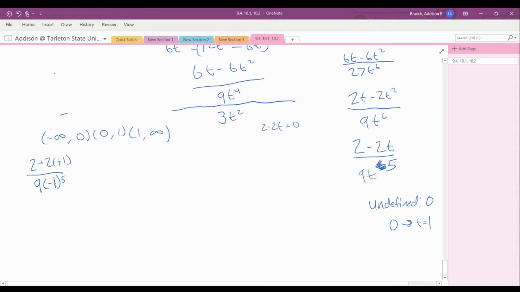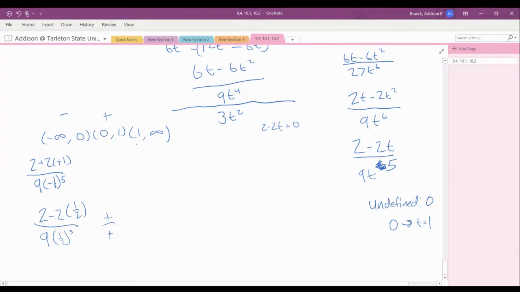If we plug in 1/2, we get 2 minus 2 times 1/2 over 9 times 1/2 to the fifth. That's going to be a 2 minus 1, so a positive over a positive, so therefore a positive.